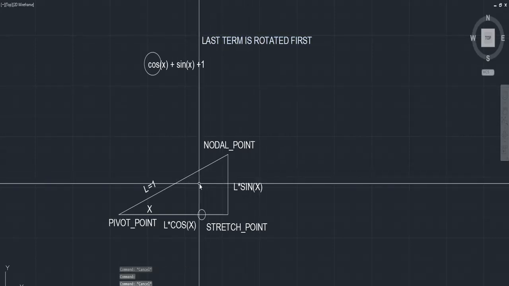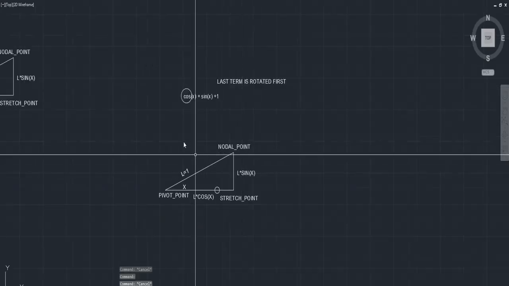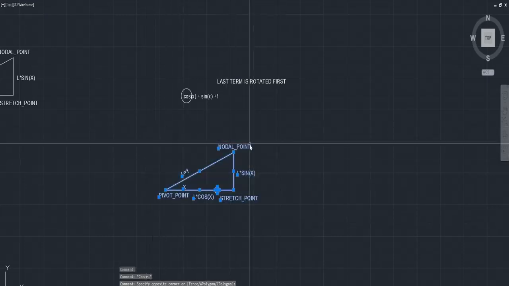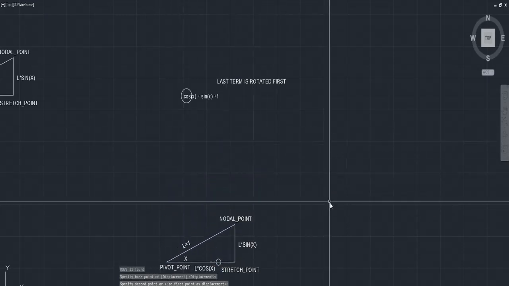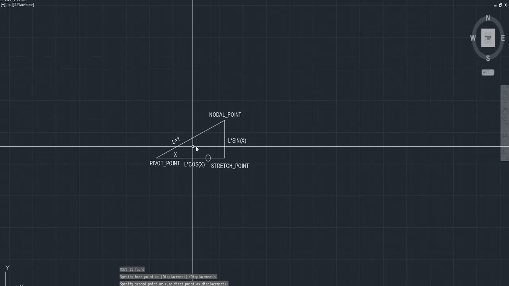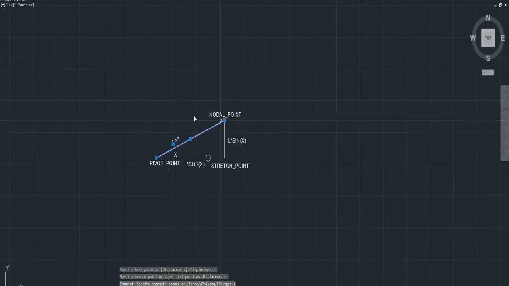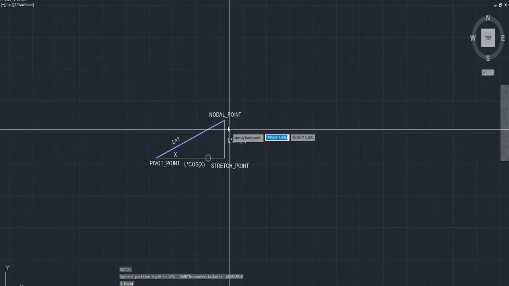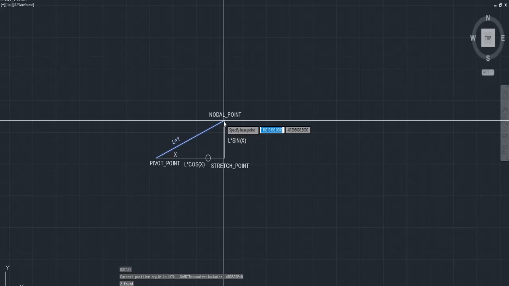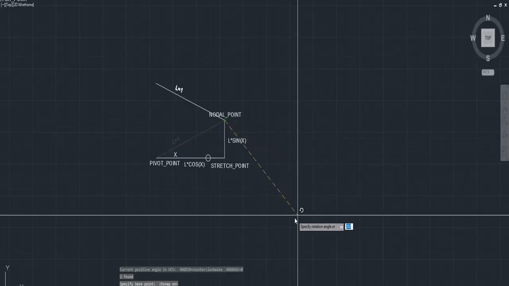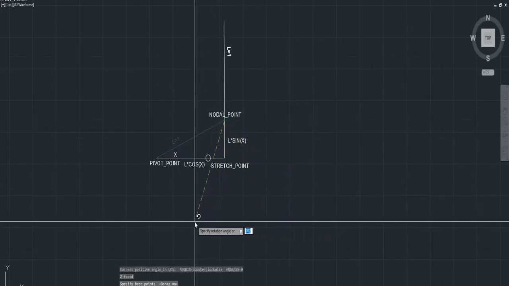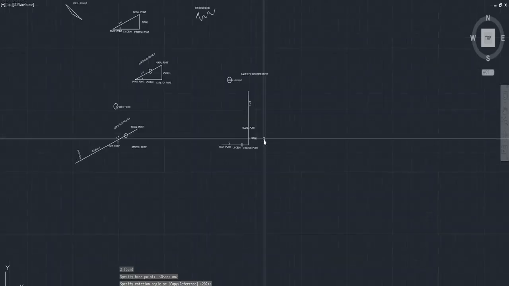Now sequential rotation has a tactic model. Here cos x is held tightly, so we have to cut the pivot point and then rotate about the nodal point such that one is attached with the sin x and one becomes collinear with sin x.